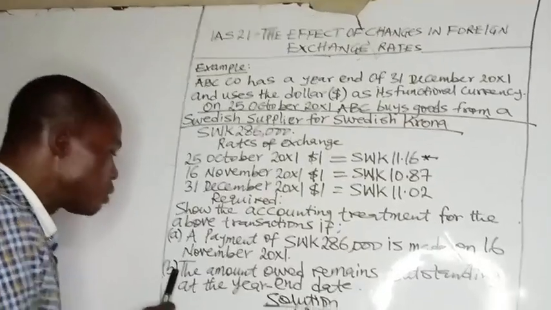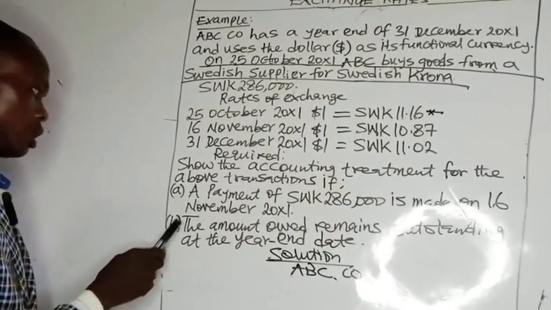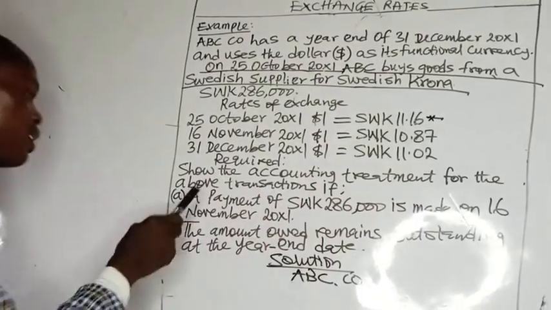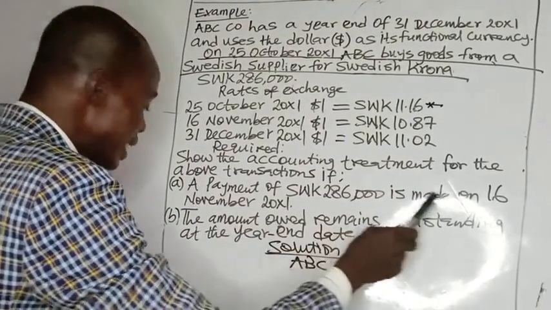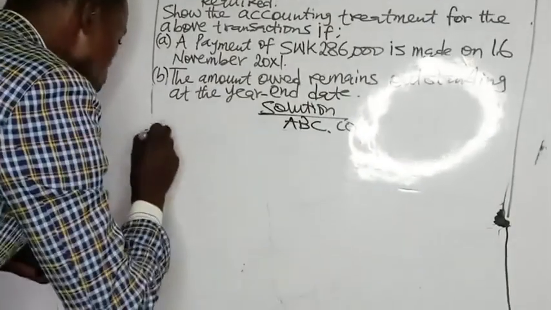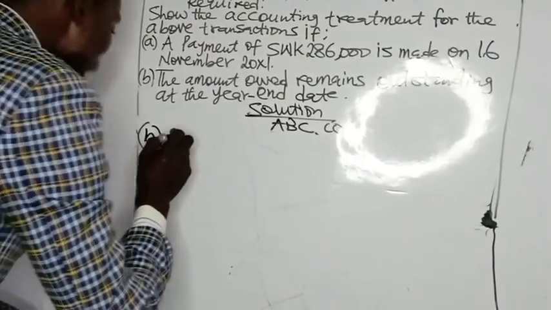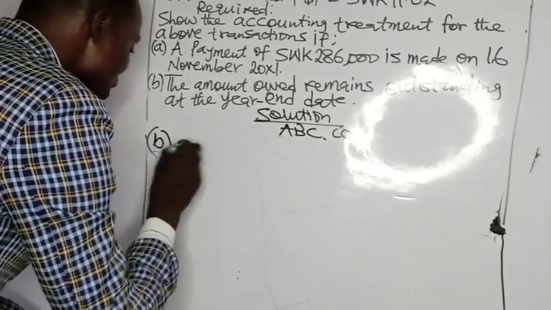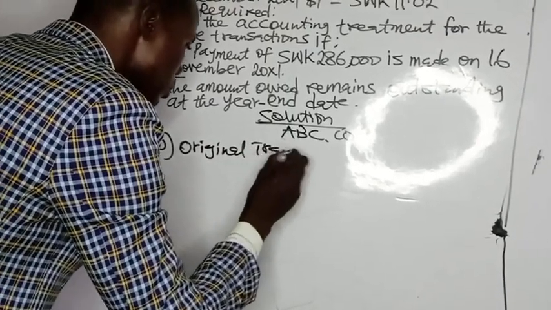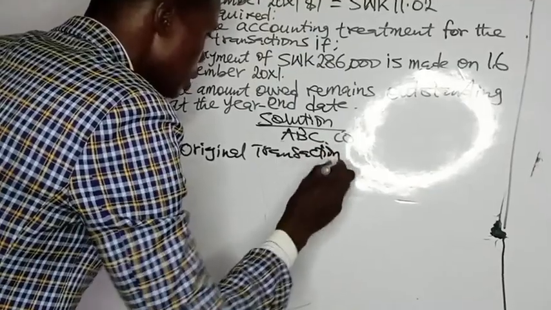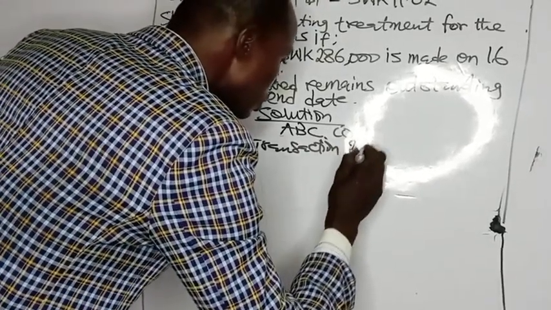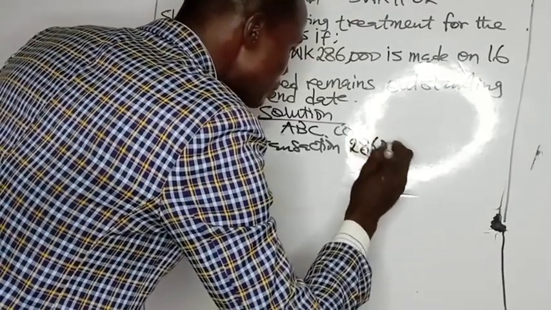Let's take the B part of the question. You are to show the accounting treatment for the above transactions if the amount owed remains outstanding at the year-end date. So at the time of the original transaction, the goods bought was 286,000 kroner.